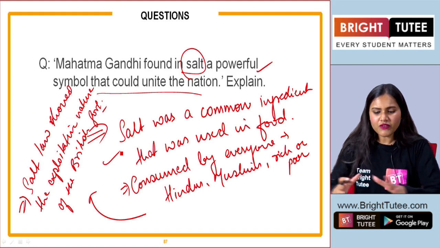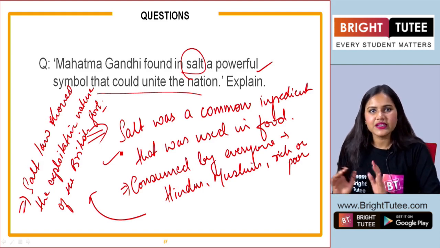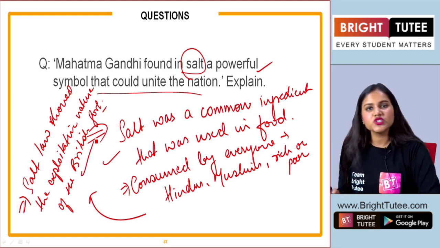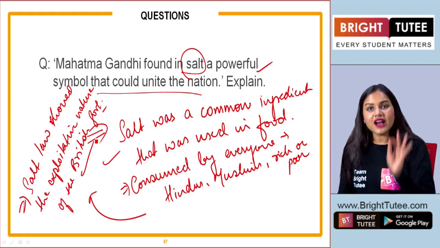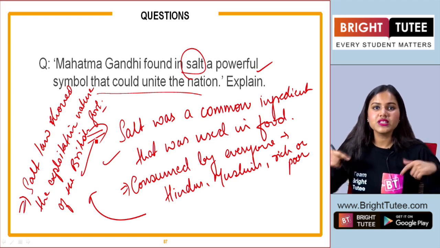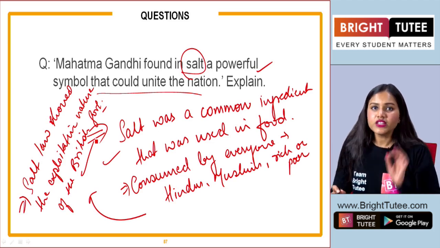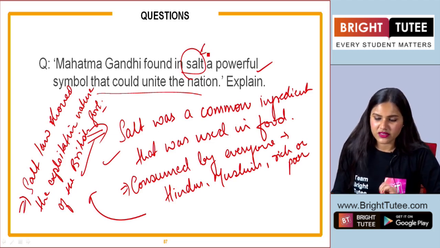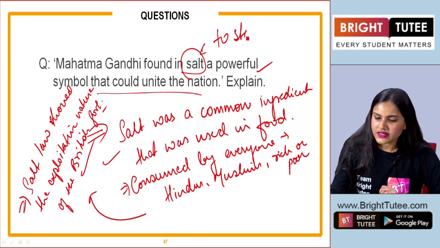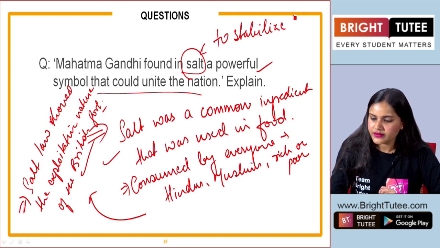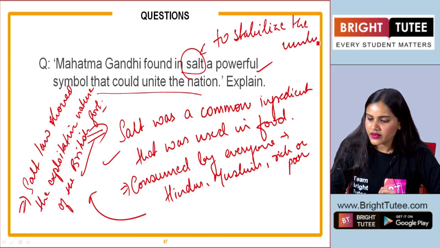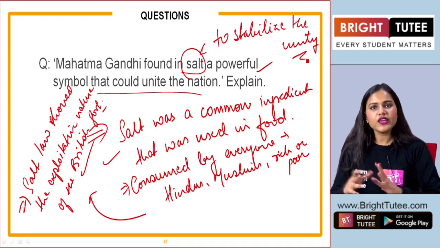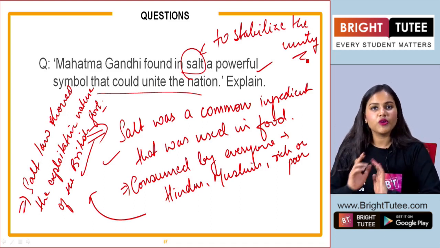Okay, students? So, in very layman's language, you have to understand it like this. Paying the salt tax was the repressive measure of the British government, and Gandhiji, in the situation in 1930, thought that salt would become one of the powerful symbols to stabilize the unity of the people, common people, be it the Hindus and Muslims, and they could come together to fight for a common cause.